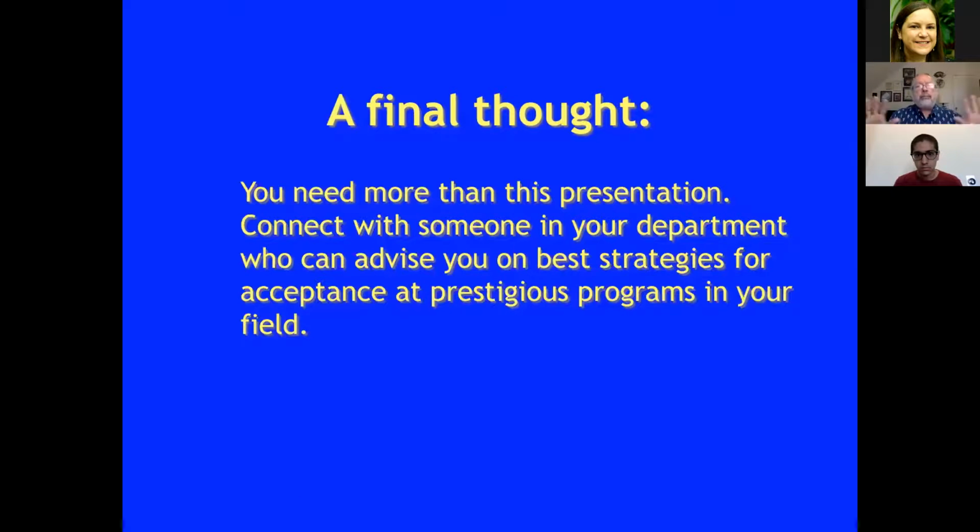So these are all general thoughts, and I've tried to make them as general as possible, but everyone's specific situation, every academic discipline has its own idiosyncrasies, and the only people who can really advise you on the true best strategies are the people who are familiar with those.